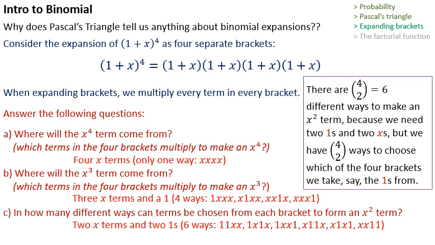So we say there's 4 choose 2, or 6 different ways to make the x squared term. You can see a few of them here. Maybe we've taken an x from the first and last bracket and a 1 from the other 2. Perhaps we've decided that the first and third brackets need to give us an x, and we're going to take a 1 from the second and fourth. Or even the middle terms have x's and the first and the last have 1's. There are, like we say, in total 6 different combinations we can do like that.